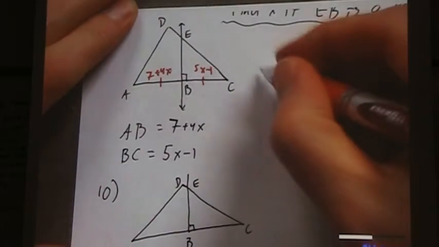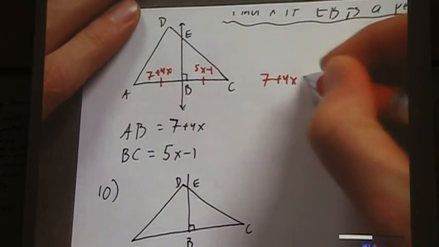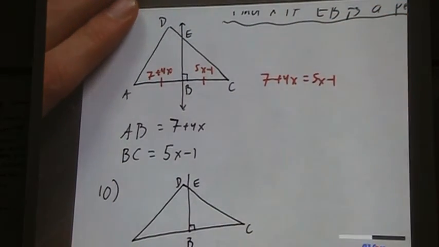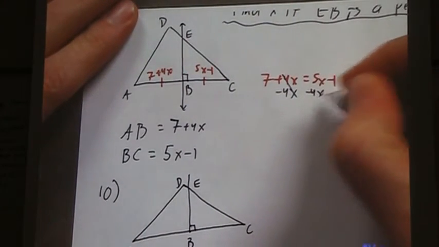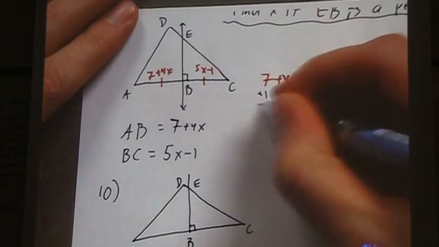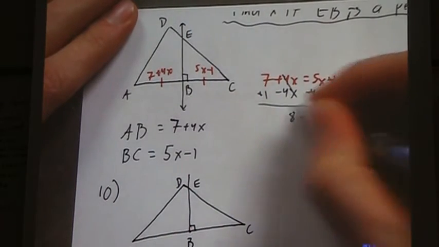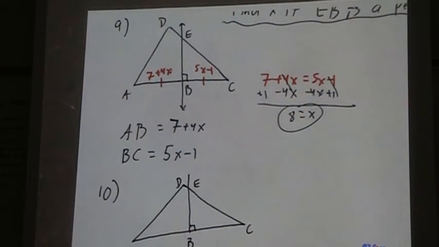So we've got ourselves a 7 plus 4x equals 5x minus 1. And we're just going to solve away. Boom. 8 equals x.